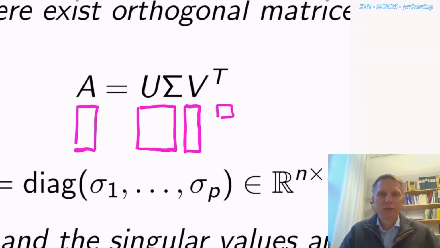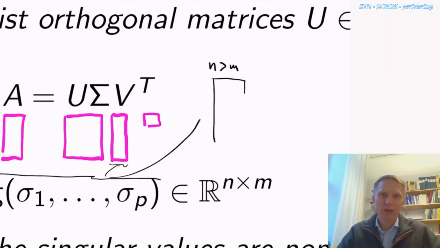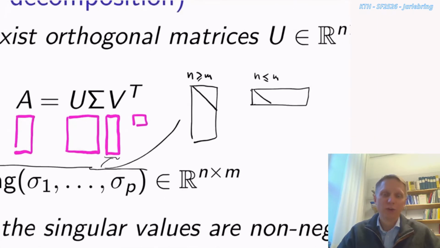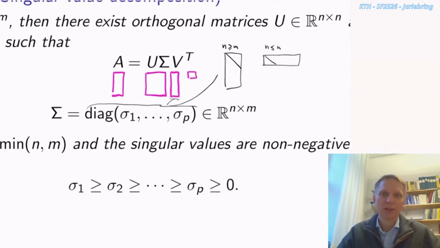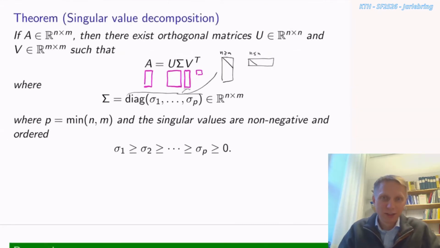Since U and V can have different sizes, sigma must be a rectangular matrix, a diagonal rectangular matrix, and it can look like this or like this depending on which dimension is larger. And in the singular value decomposition existence theorem here, you also assume that the singular values are ordered in decreasing magnitude.